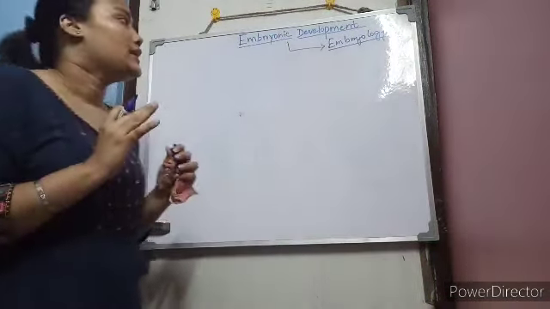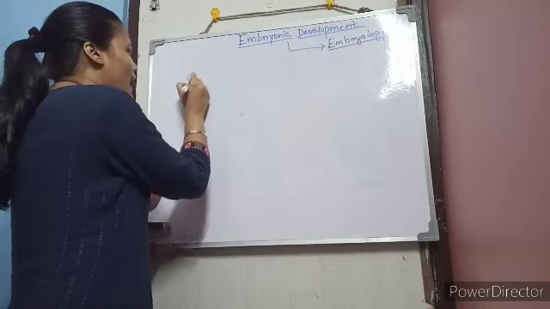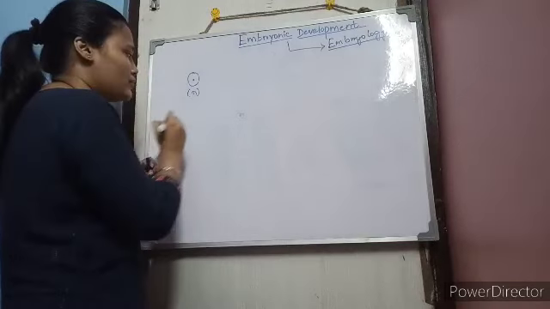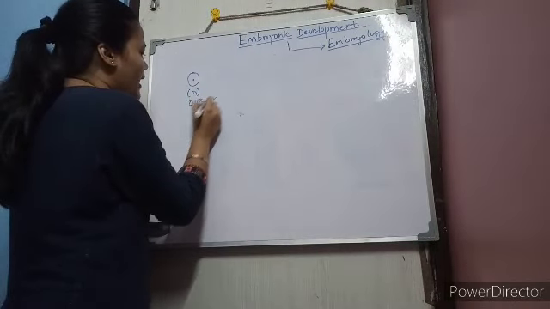Now the first thing happening is an egg or ova. It contains n number of chromosomes. It is an ova or egg cell.